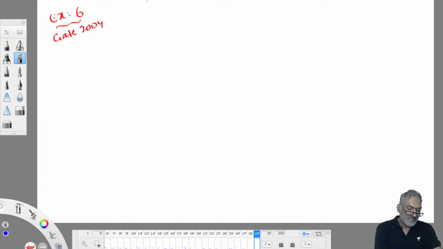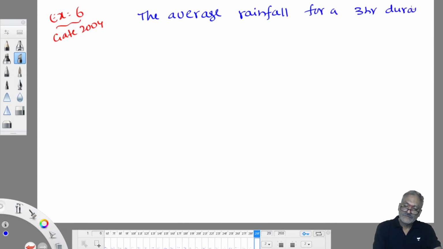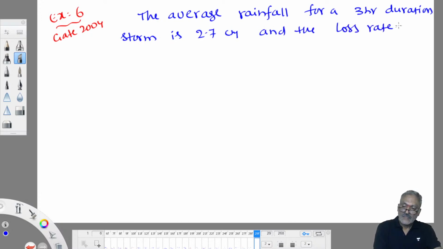What is given to you is the average rainfall for a 3-hour duration storm. The storm is 2.7 centimeter and the loss rate is 0.3 centimeter per hour.